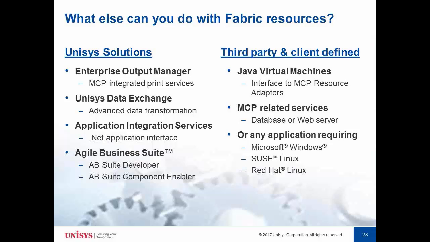And of course, there's the Agile Business Suite development and component enablers that are available to be run within the fabric so that you can develop and do your builds of an AB Suite environment as part of a fabric-based implementation that then gets hosted onto the main Libra 6400 or 8400. Those are Unisys solutions, or some of the Unisys solutions that can be used within the fabric.